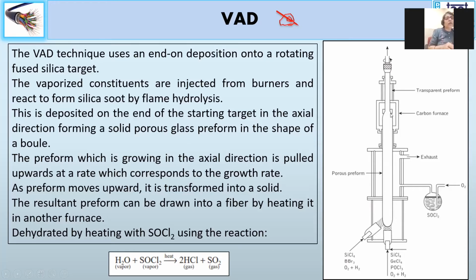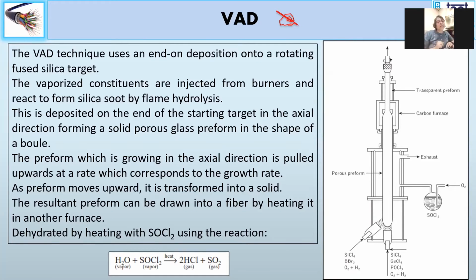The advantage of this process is that it's a continuous process. It's a growth that is taking place, and we are able to fabricate a long length of fiber. Also, you have strict control over the refractive index profile being fabricated, and therefore it gives you lesser attenuation with the better refractive index profile as needed by the customer.